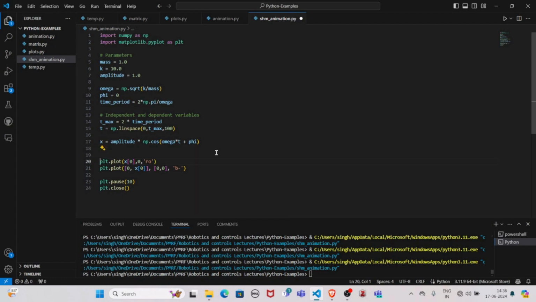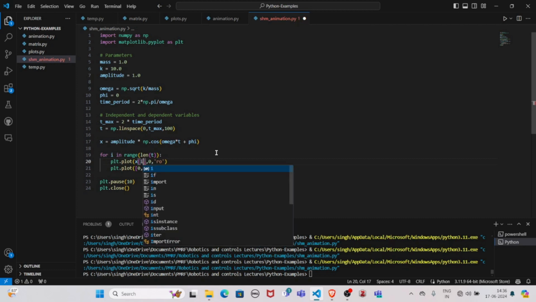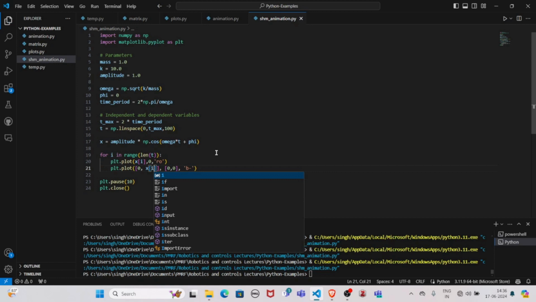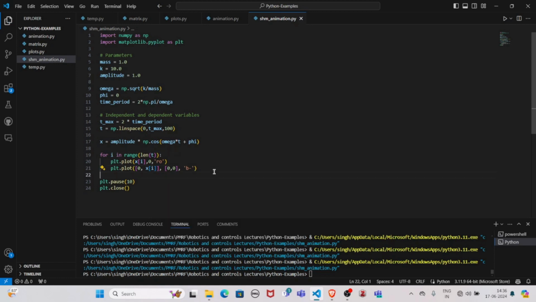Now let's iterate it: for i in range(len(t)), plot this and x[i]. Okay, we also know that we have to use the pause and remove functions as we used previously.